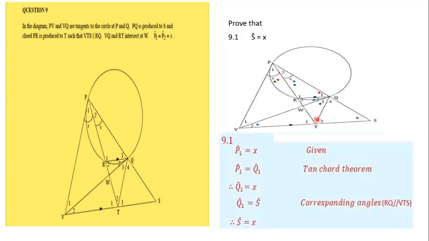But remember, before you consider the corresponding angles, you must go back to your statement and check there. They said in the statement that VTS is parallel to RQ.